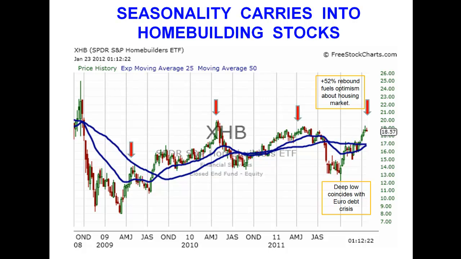That's the price in the green on the far right, and now this has come all the way back to 1857. That's a 52% rebound in this index on a seasonal basis, because if you've been out there, we've got a little bit of improvement in home sales, a little bit of improvement in the resale market, some drawdown in inventories, but nowhere near the 52% rebound that's gone into the housing stocks.